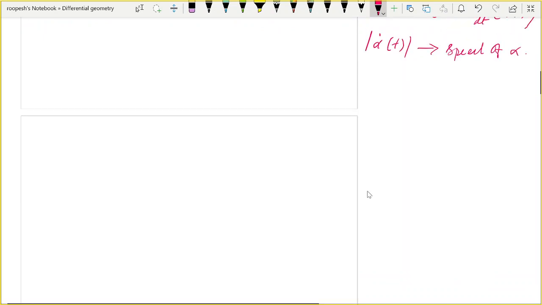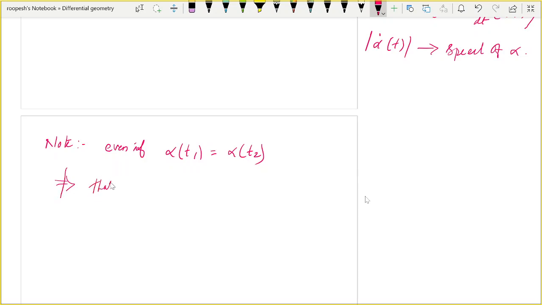Here we want to note one more thing. Even if alpha of t1 equals alpha of t2, it does not imply that alpha dot of t1 equals alpha dot of t2. For example, suppose we have a curve something like this. Here t1 and t2 both give the same point, and suppose I have vectors like this.